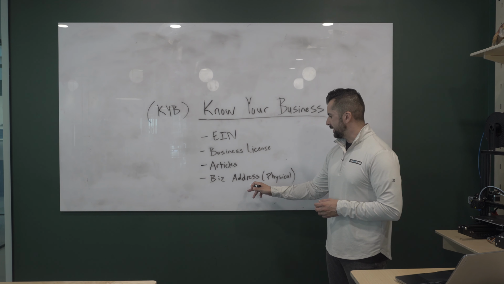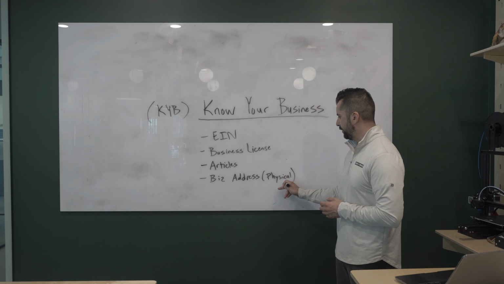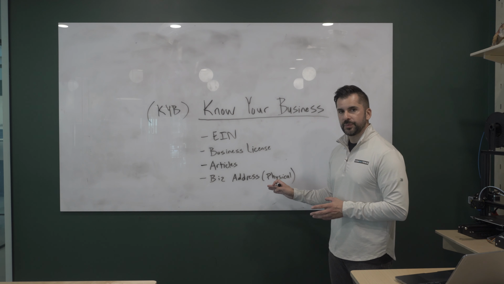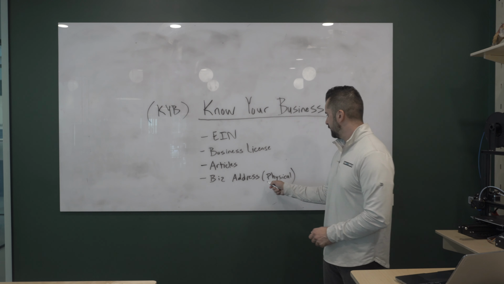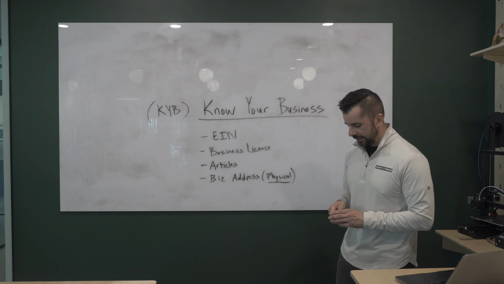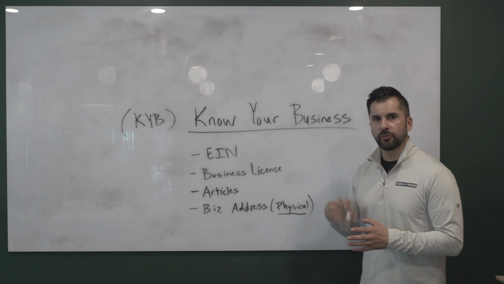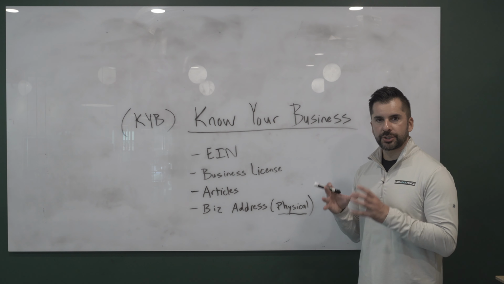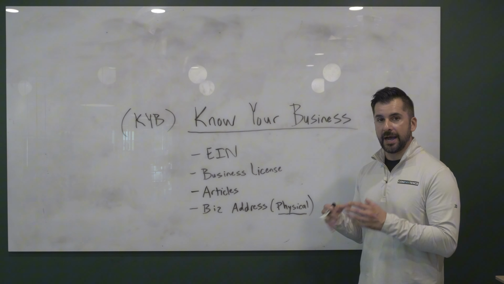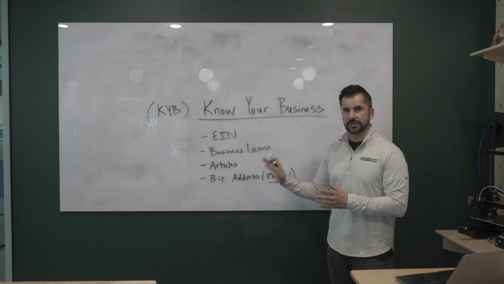And the last piece is the business address. I put physical in parentheses because this is a very, very important, I would say, fundamental change, so I'm going to underline that there. What I see a lot of clients do is register with the state of Delaware or Wyoming, where a registered agent address is provided to you to reflect on your business license.